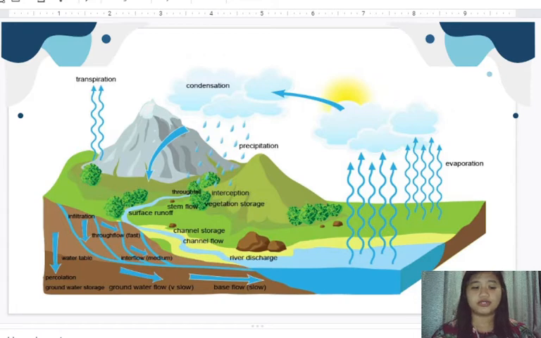So this is the water cycle. The water cycle describes how water is exchanged or cycled through Earth's land, ocean, and atmosphere.